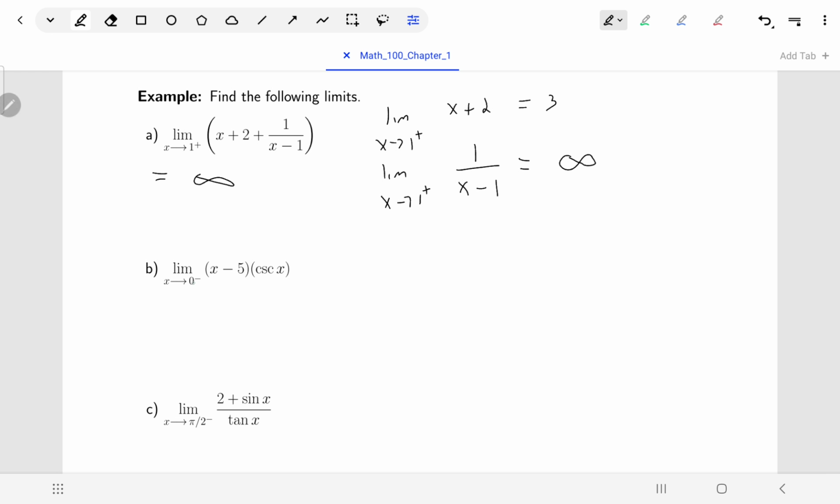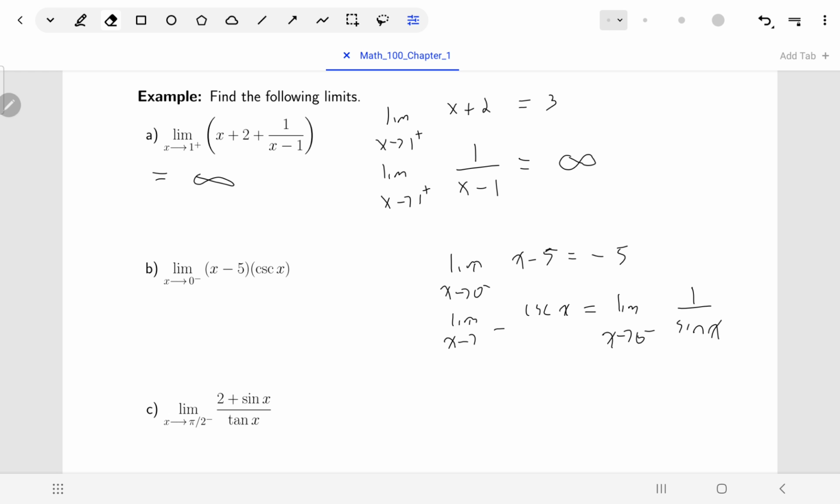So I'm looking at the limit as x goes to 0 from the left. So x minus 5, for sure, that one's just going to be a constant. As x goes to 0 from the left, x minus 5 is just negative 5. And if we're looking at the limit as x goes to 0 from the left of cosecant, if you're having trouble with that, you can think about it as the limit as x goes to 0 from the left of 1 over sine, because of course cosecant is the reciprocal of sine.